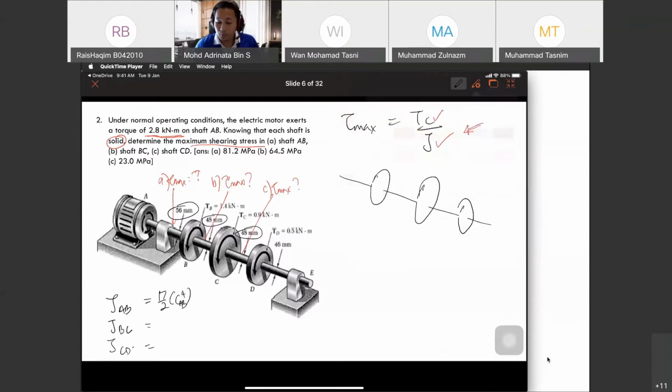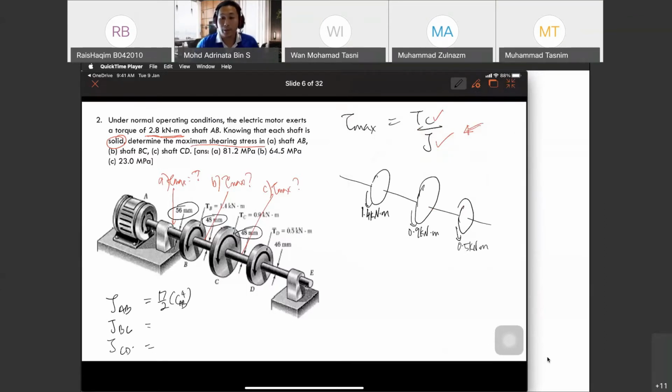Right. So itu this, dan kita ada torque yang bertindak. Torque B adalah 1.4 kilonewton meter, ni 0.9 kilonewton meter, ni 0.5 kilonewton meter.